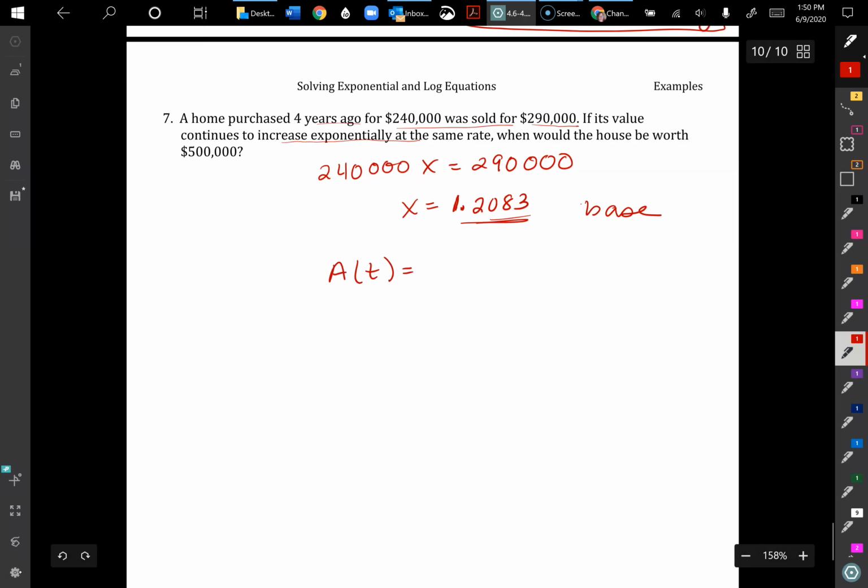My A of T is going to equal my A initial, or sometimes it's called P initial. I'm not sure in this textbook, versus the P at the end for principal. But then we have our base is 1.2083 to the T over 4, because it was 4 years ago. So I'm looking at this base happening every 4 years.